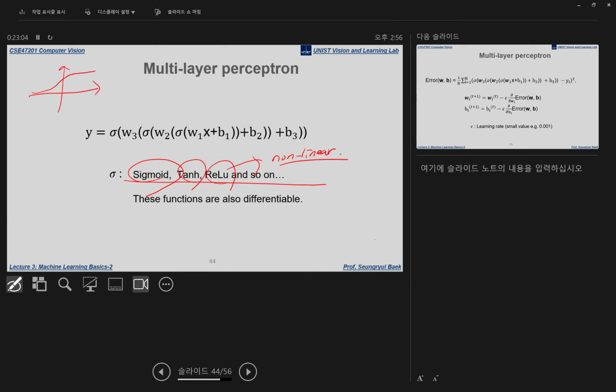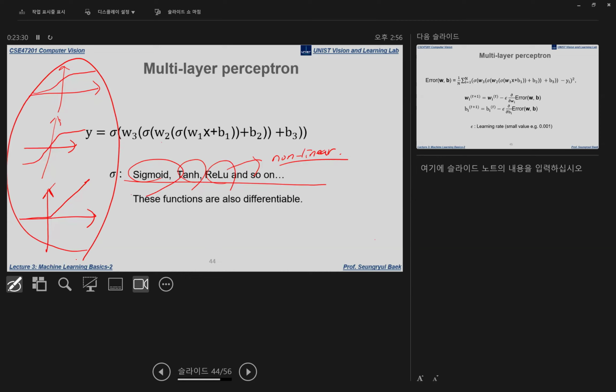Sigmoid, you will learn about that later, has values like this. Tangent hyperbolic also has this type of graph. ReLU also has nonlinearity at x equal to 0. So these types of nonlinear functions are applied in the middle of the linear layers.